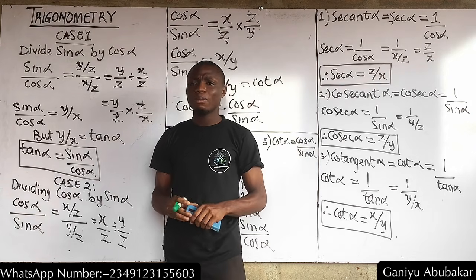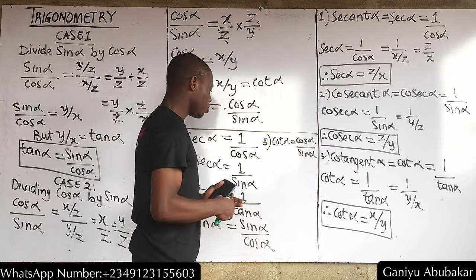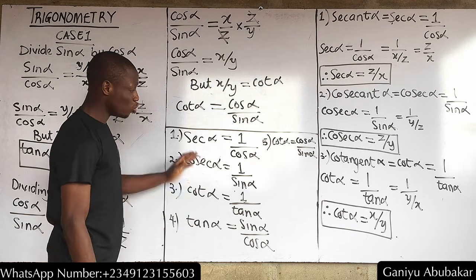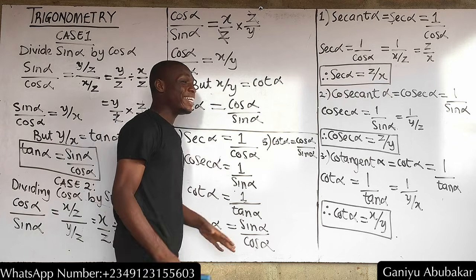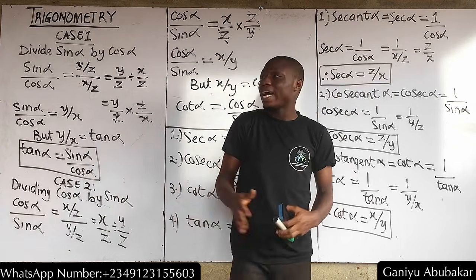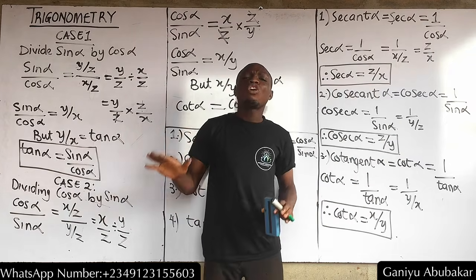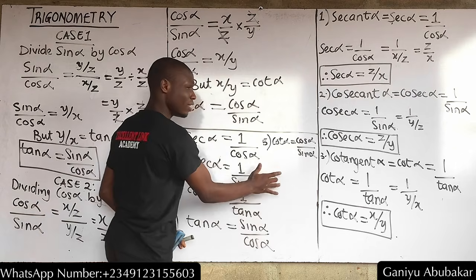So for this class, we're just trying to prove some trig identities. Some trig ratios you need to be familiar with, right? Which are all these here. So you don't need to start cramming all the derivation we have just established earlier. What you need to know in this concept is just this.